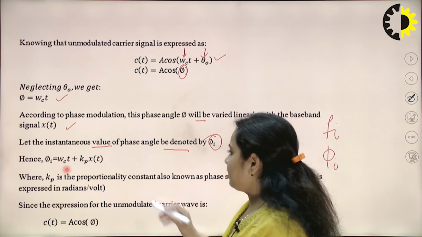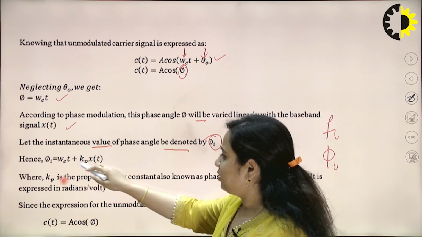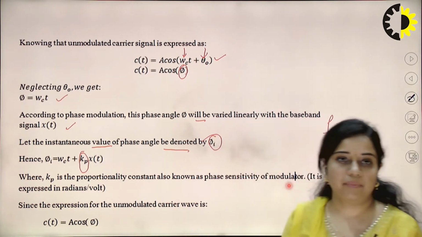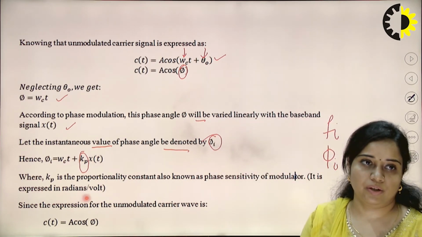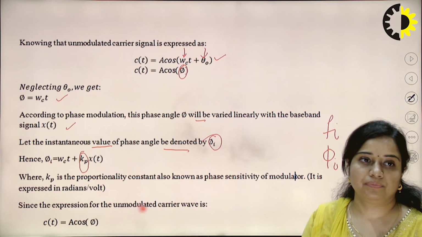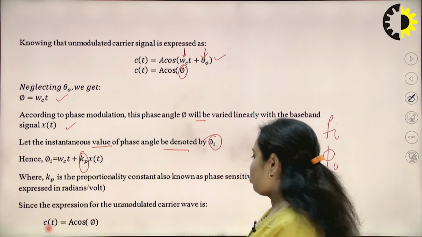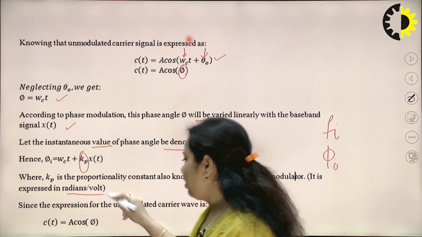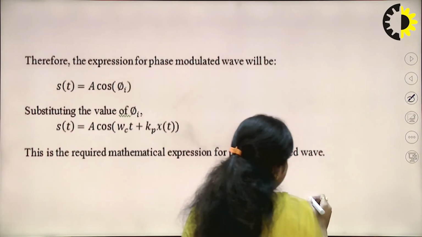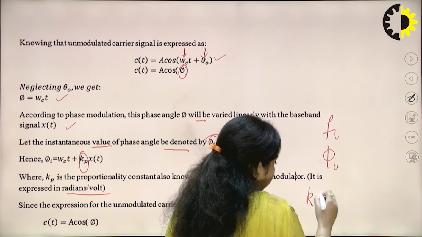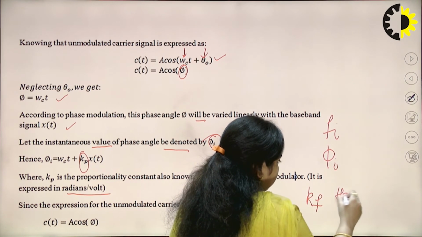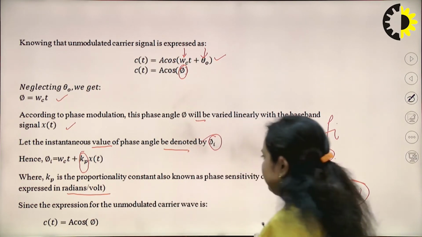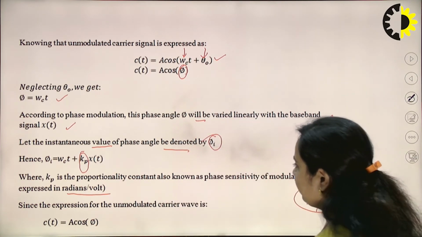So let this phase angle be written as omega_c t plus kp times x(t). Now kp is another parameter, a proportionality constant, known as phase sensitivity, and its unit is radians per volt. Whereas in case of FM, there is a parameter kf, and its unit is hertz per volt.